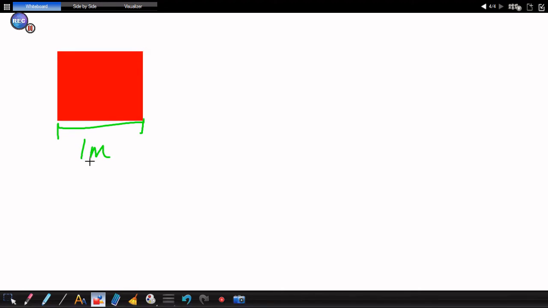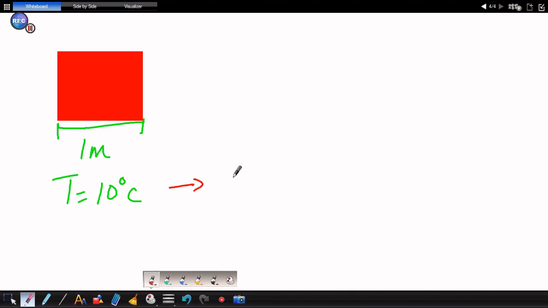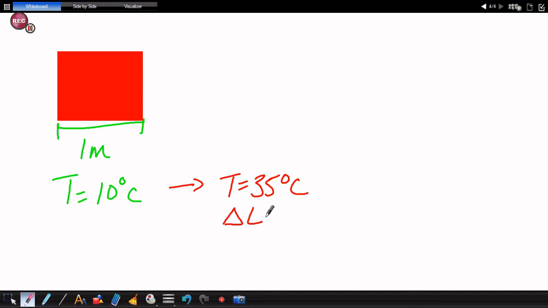We want to know how much it grows when you lay this slab. It's 1 meter long when the temperature is 10 degrees Celsius. But we're going to say, well, it's a hot day today, so we'll say it's 35 degrees Celsius, and we want to know the change in length.